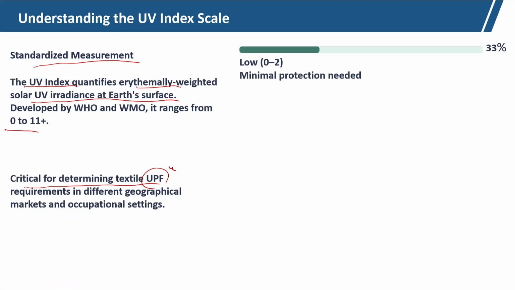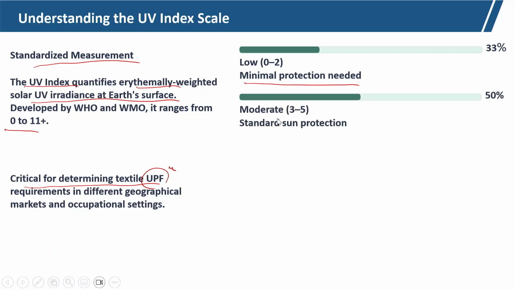And you can see here 0 to 2, where we do not need that much protection, minimal protection is required, okay. Around 33% is there, and 3 to 5 is moderate.